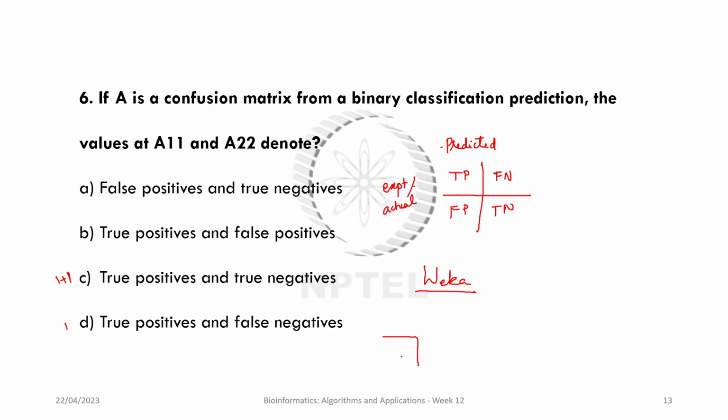But if you had seen this data displayed in the end, it was not in a box or matrix. It was just displayed in text, right? And there you had predicted, and here you had the actual value of alpha, beta, and transmembrane classification problem. Even otherwise, confusion matrix in general will have this organization: true positive, false positive, and true negative.